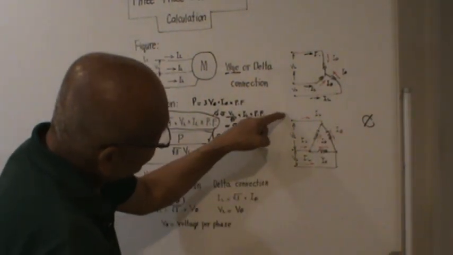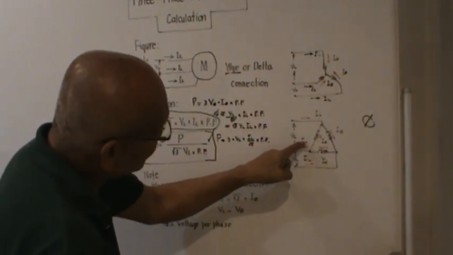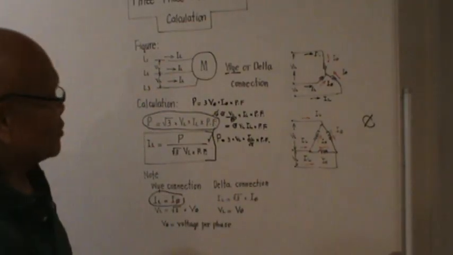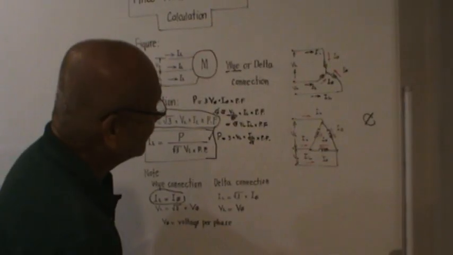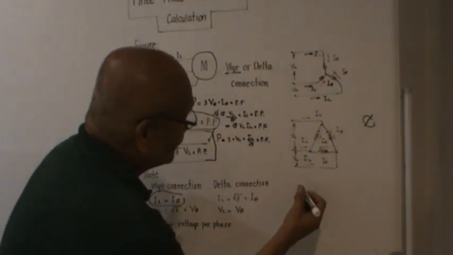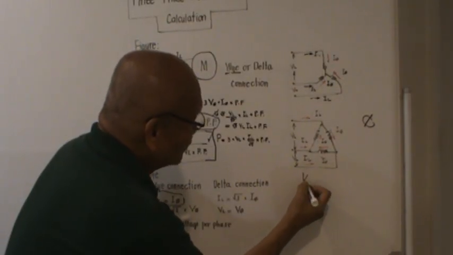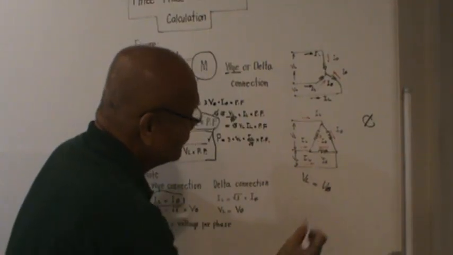This is line 1, so I_L1. This is line 2, so this should be I_L2. This is line number 3, so this will be I_L3. So the relationship that we could derive from this is actually what is the same here. For a delta connection, the line voltage is actually equal to the phase voltage.